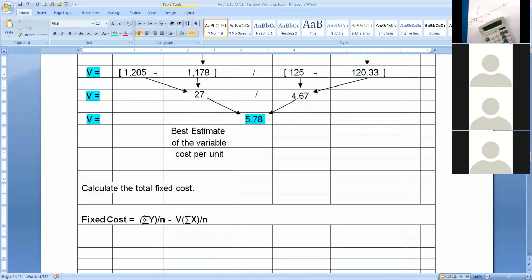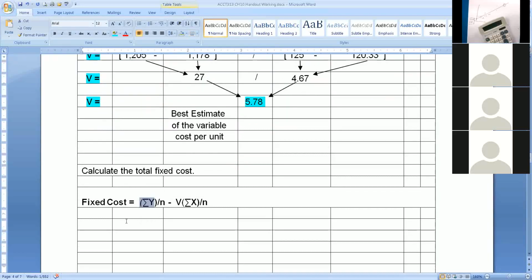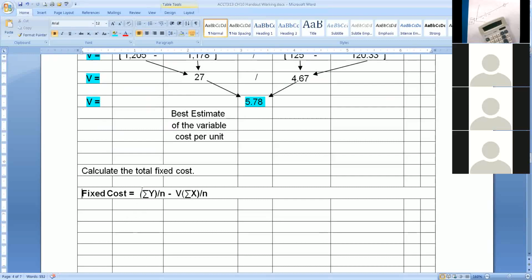You are going to use 186, and let me show you what I mean by that. So sum of y was 186, like you said. Now you are going to divide that by n. What's the n? 3. Right.